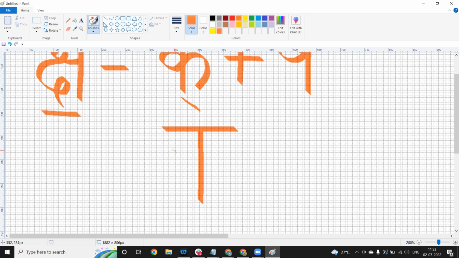So first is ka. This particular shape that I have written is ka. I'll explain why the ka is written like this. Then the next letter is sh.